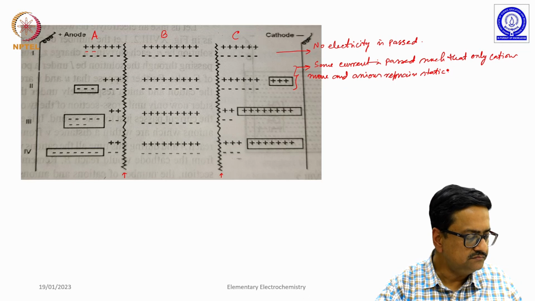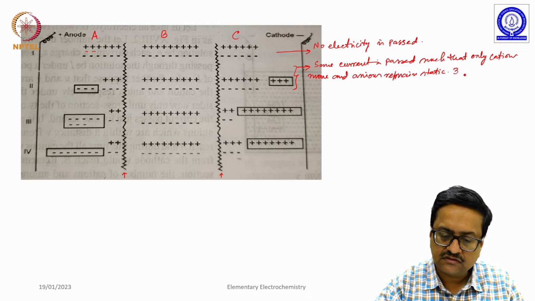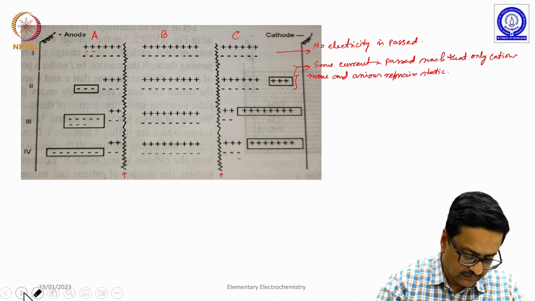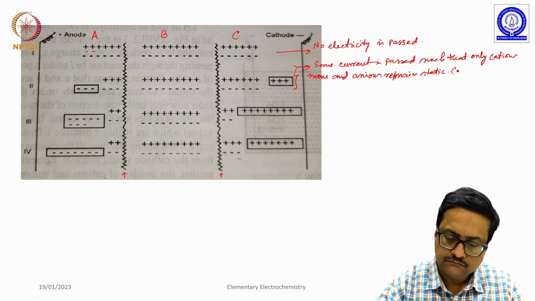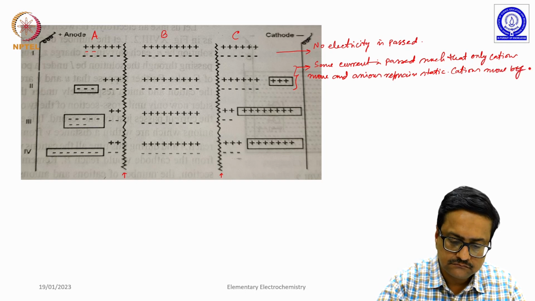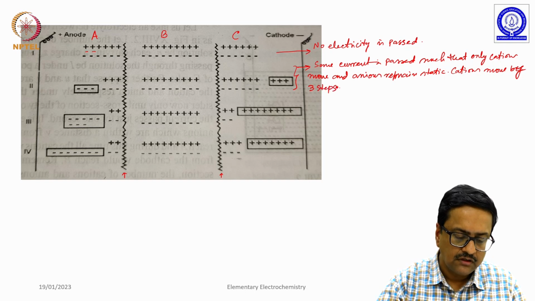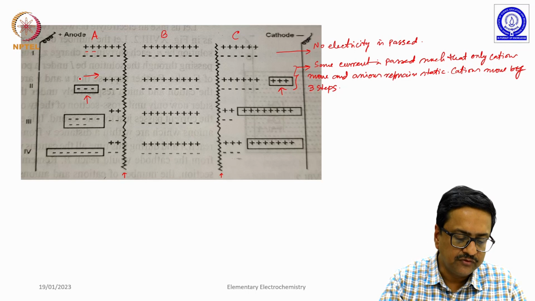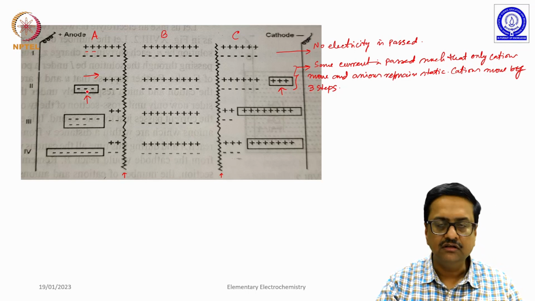Suppose cations move by 3 steps. So, what we see is in chamber C we have an excess of 3 cations, and because of the movement of 3 cations from left to right, from A to C, although the anions did not move, we have 3 excess anions in chamber A.